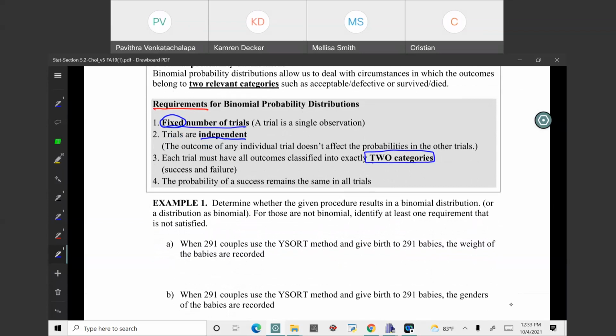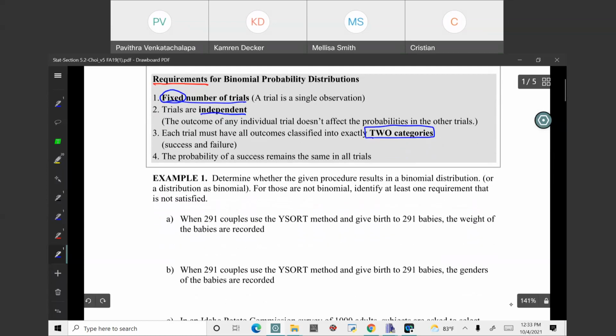What does that mean? For example, in a roulette game, win or lose, there are only two outcomes, right? Or if you toss a coin once, outcomes are only two, heads or tails. So those trials belong to a binomial probability distribution.